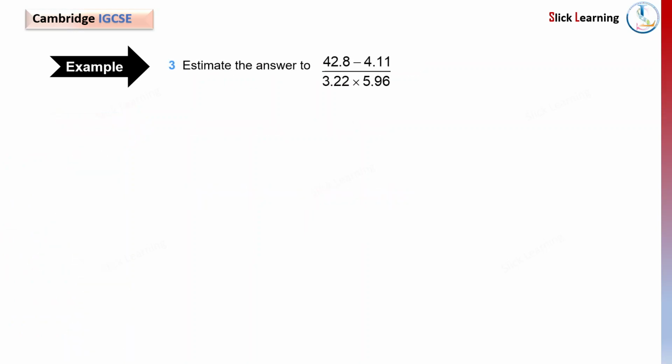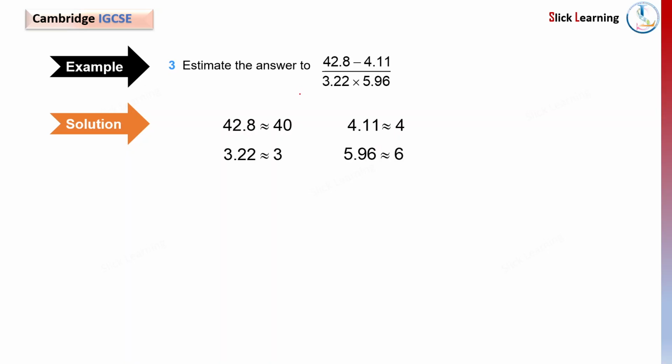See one more example. Here we have fractions and decimals, with subtractions and multiplications. We will repeat the same thing. 42.8 is near to 40, so we replace 42.8 with 40. Similarly, 4.11 is near to 4, 3.22 is near to 3, and 5.96 is close to 6.